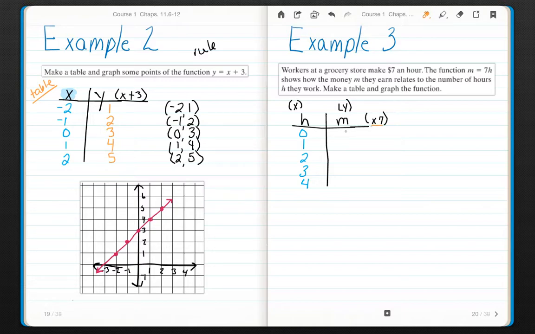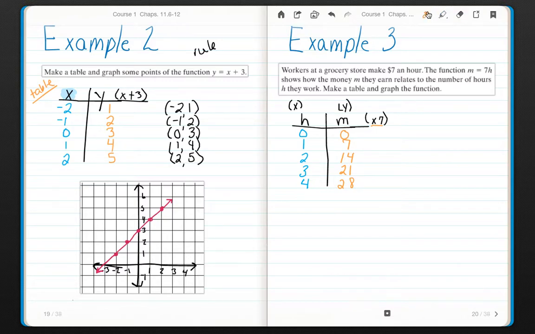So 0 times 7 is 0. If I don't work any hours, I don't earn any money. If I work for 1 hour, I earn $7. I work for 2 hours, I earn 14. 3 hours, 21. 4 hours, $28. So here is my table.